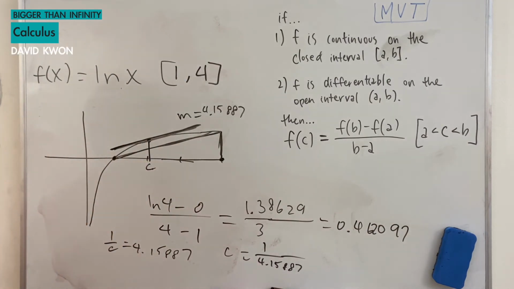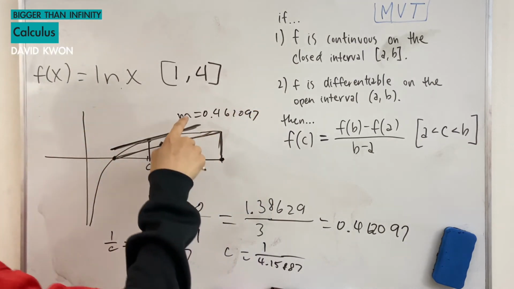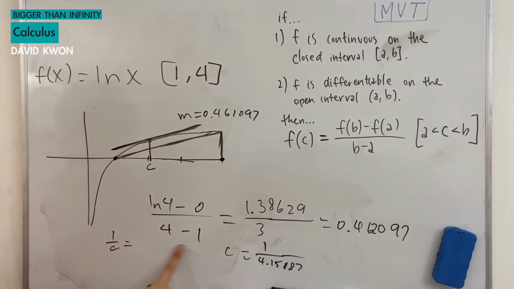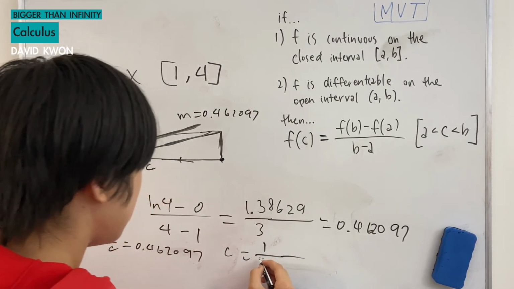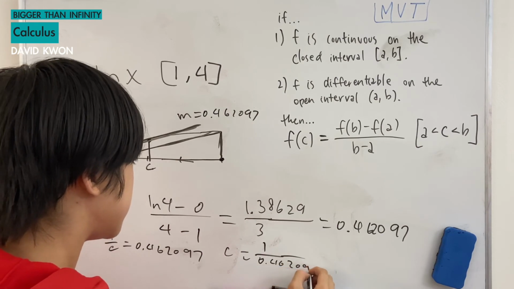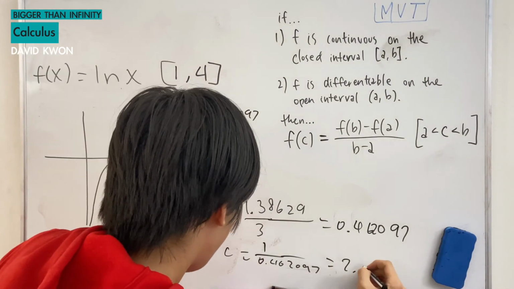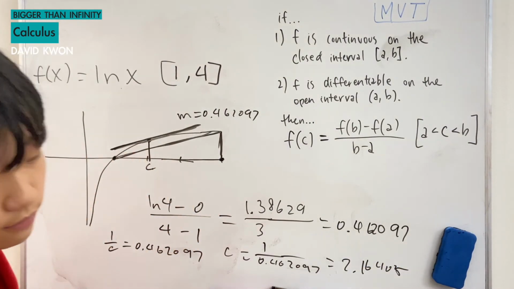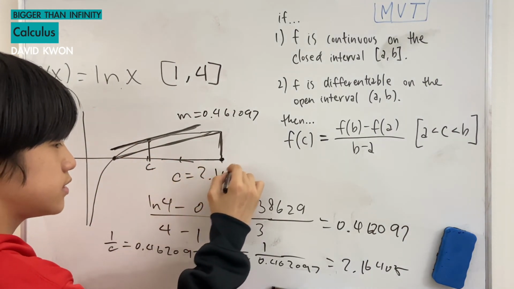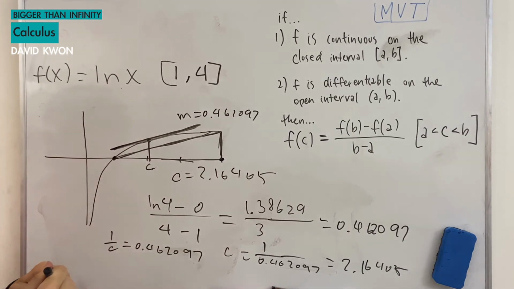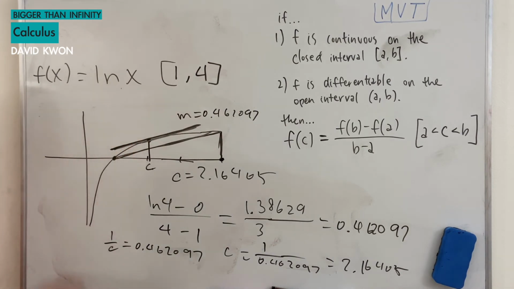My mistake, so we actually have the slope of this and everything's fine, we can just change the numbers. Now the slope is 0.46207, and c is equal to 2.16405. So the value of c is 2.16405. That was our mean value theorem solution for this function problem.